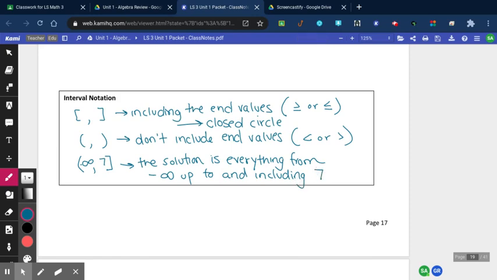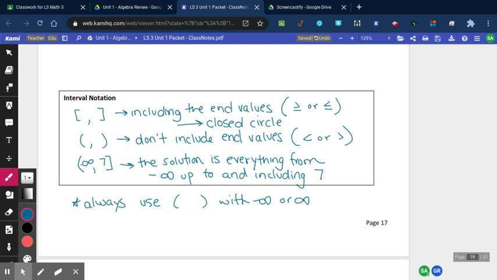Okay. I'm going to put a little note down here: always use parentheses with negative infinity or positive infinity, right? We can never actually get to infinity, so that's always going to have a parenthesis.